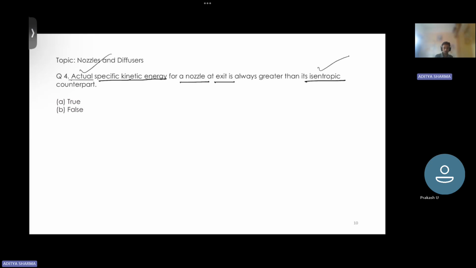Okay, so this is the same as was for turbines and compressors, where we were comparing the actual and isentropic cases, right? So this question is based on the isentropic efficiency of nozzles. The efficiency is written there, I have written it already.